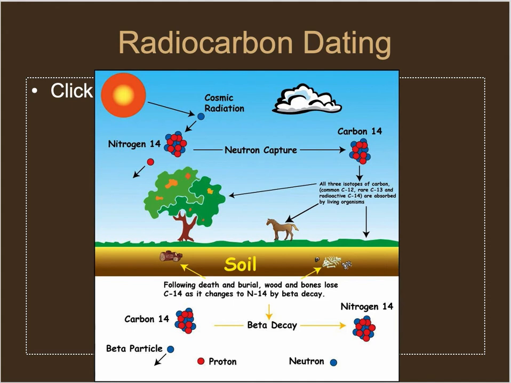There are also typically 6 electrons, right? So this gives it its chemical properties. Right? The protons and the electrons determine kind of the way the atom will interact with other atoms.